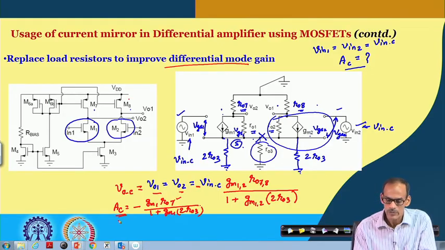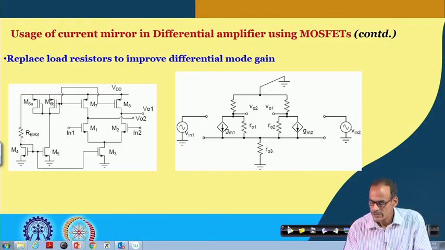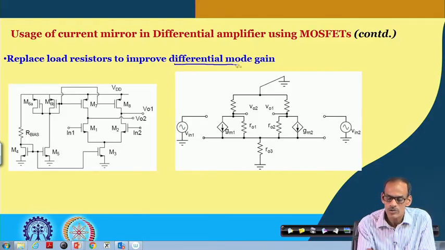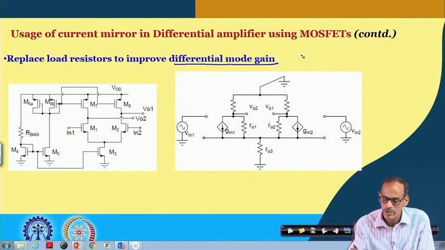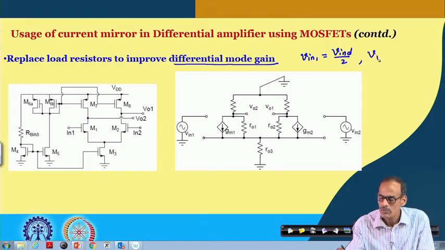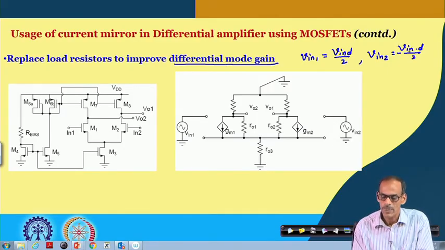Now, for differential mode gain, what you can do in this circuit is make Vin1 equal to Vin D by 2 and Vin2 equal to Vin D by 2 with a minus sign.